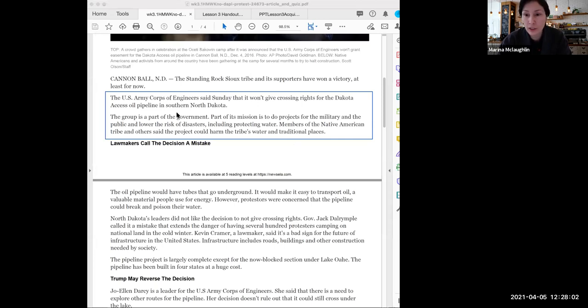That's what that is. So notice that part of its mission is to lower the risks of disasters. That's part of their mission, right? Including protecting water. That's interesting, isn't it?